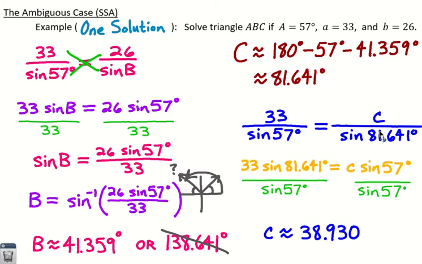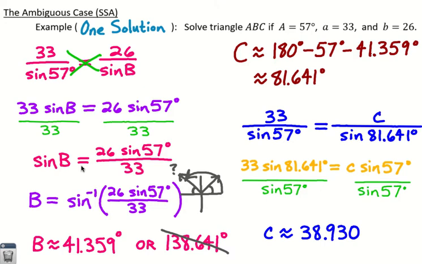And look, it makes me cringe a little bit that we're using an approximated angle C to figure out little c, but you got it. I'm not going to be super strict about being exact. This works, 38.930 approximately for little c.